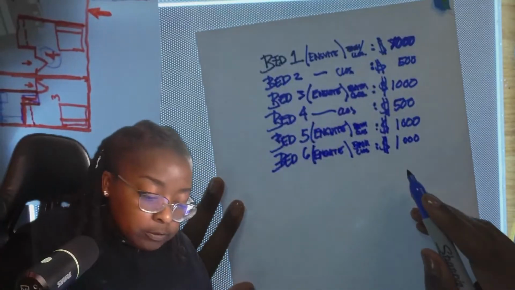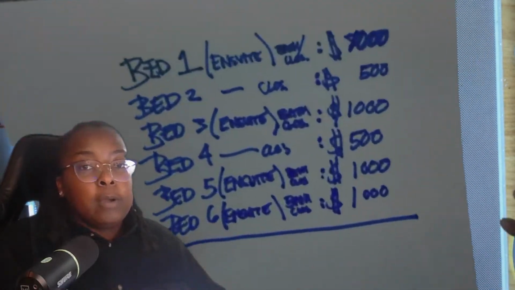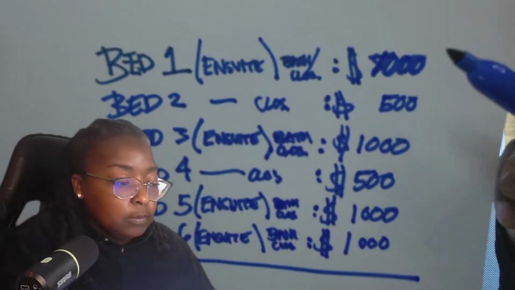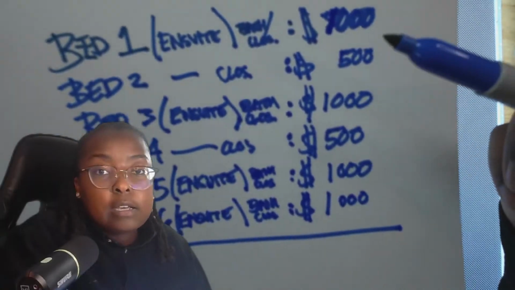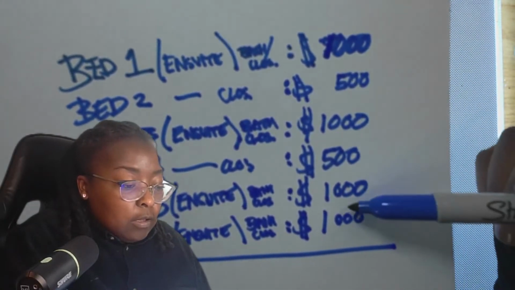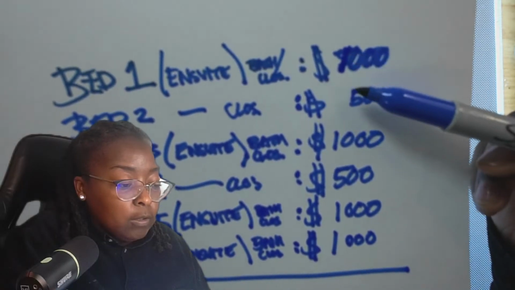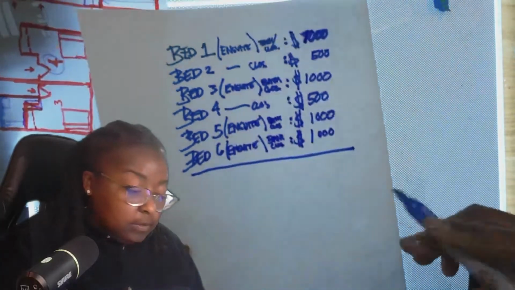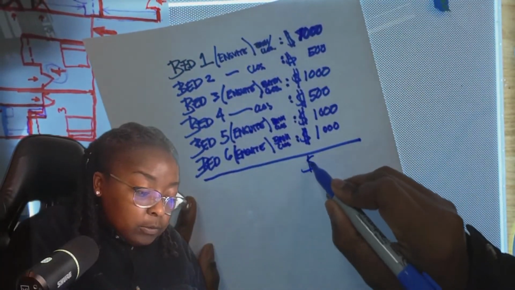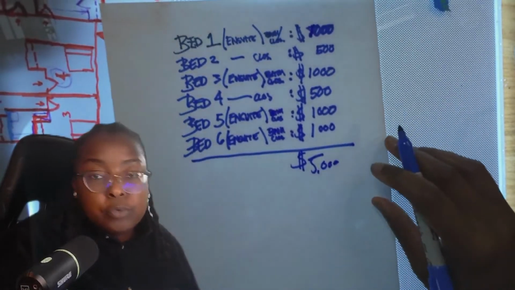So if we were to add this portfolio up, this is one. So we're looking at 1, 2, 3, 4, $5,000 cash flow. This total, $5,000 in rent.